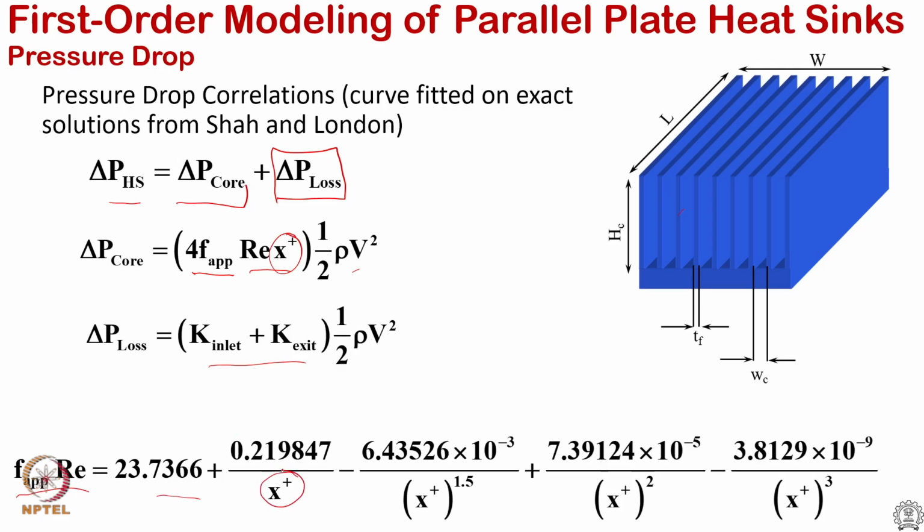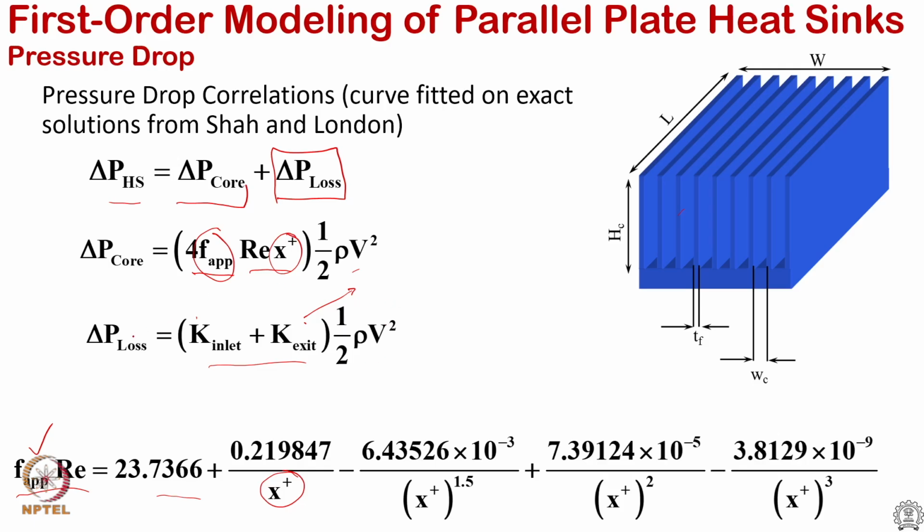So using this empirical correlation, one will be able to predict the apparent friction factor, and once the velocity is calculated and the apparent friction factor is known, we substitute over here, and the inlet and exit terms are purely geometric functions. So knowing the geometry, we can predict this.